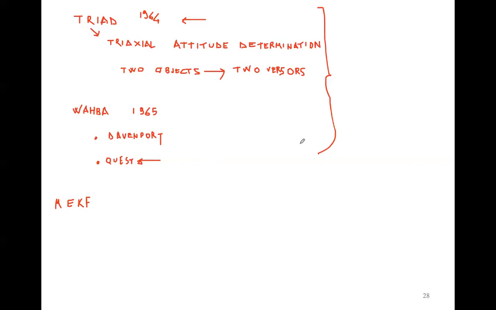But it's not only the difference between these two families. The other difference between these two families is that in this approach, we are only doing a static determination of the state.